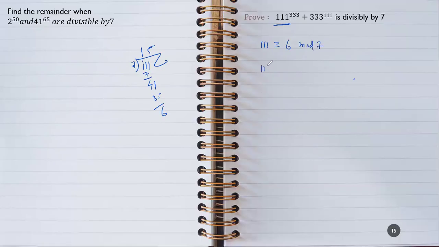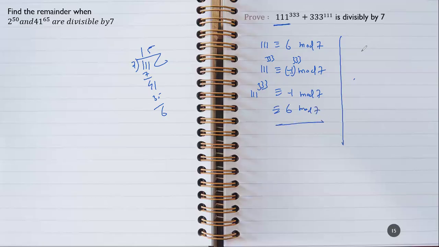If I raise it to the power 3333, then minus 1 to the power of an odd number will also give minus 1 mod 7. So 1111 to the power 3333 gives me 6 mod 7. Done. And for calculating the other one, 3333 to the power 1111, let me calculate.